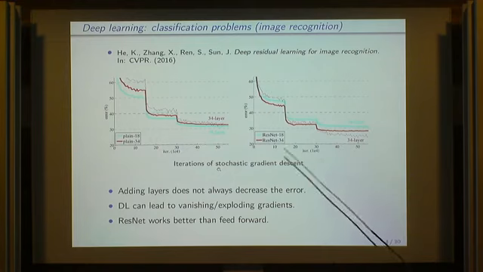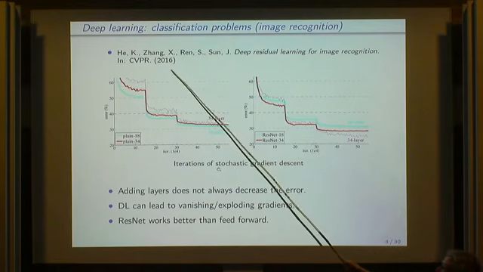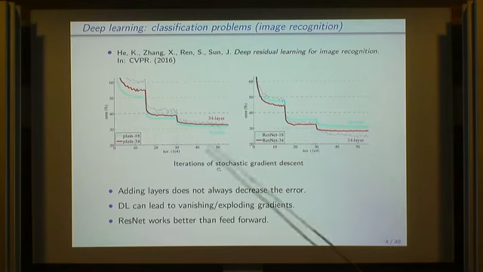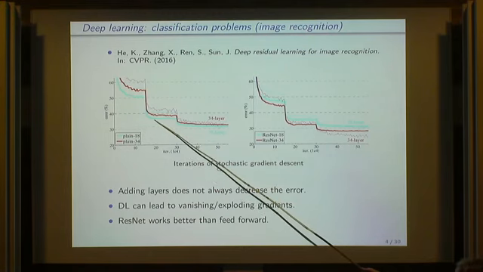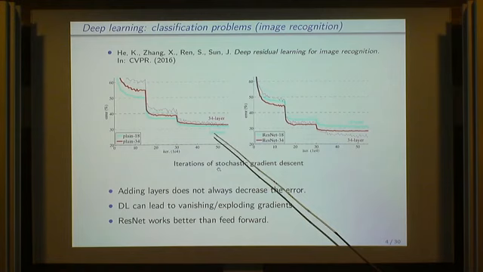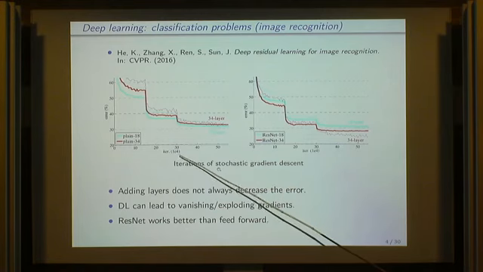And here is the evidence, the background, from this paper from 2016, where I took this picture from. You can see that for a plain feed-forward neural network, we have this effect on the gradient descent iterations, that the 34-layer network gives you a worse error than the 18-layer network.